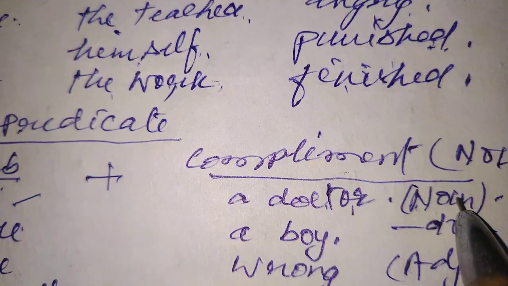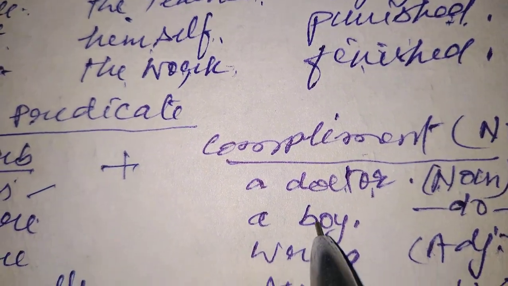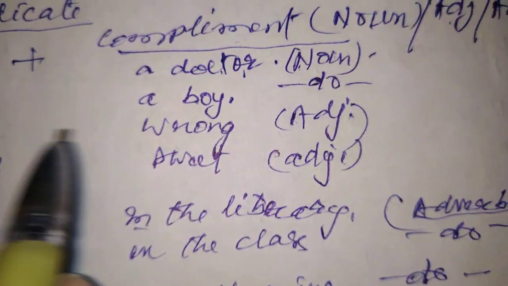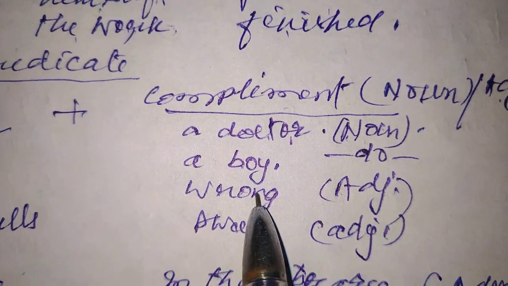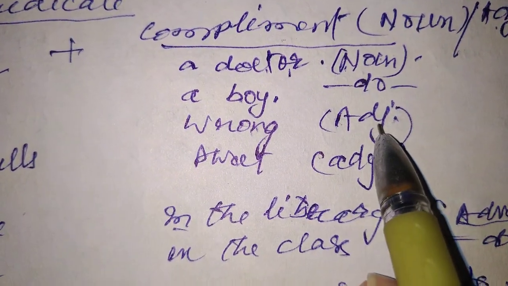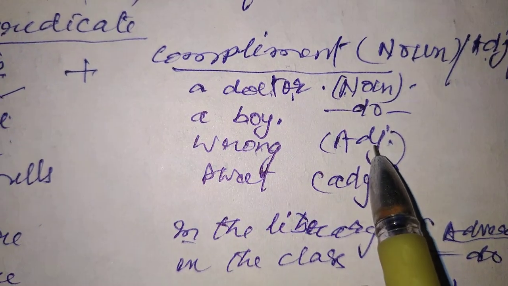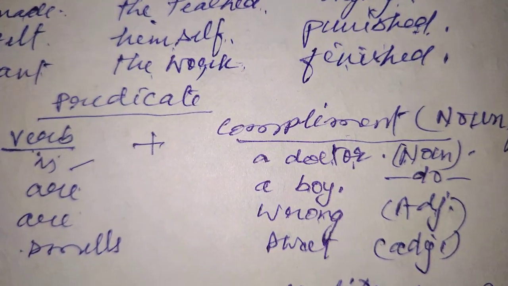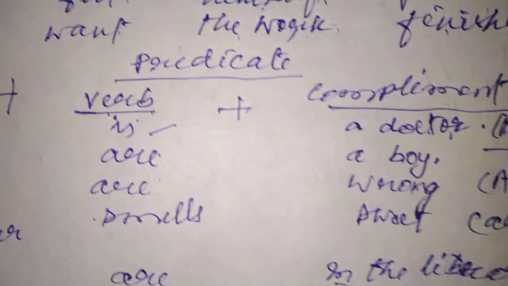A boy is again a noun, so this is a noun complement given to you. They are wrong. Wrong is an adjective, the complement given to them. वे गलत हैं.